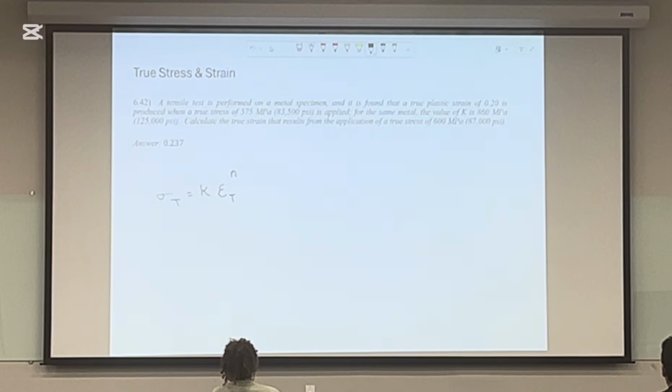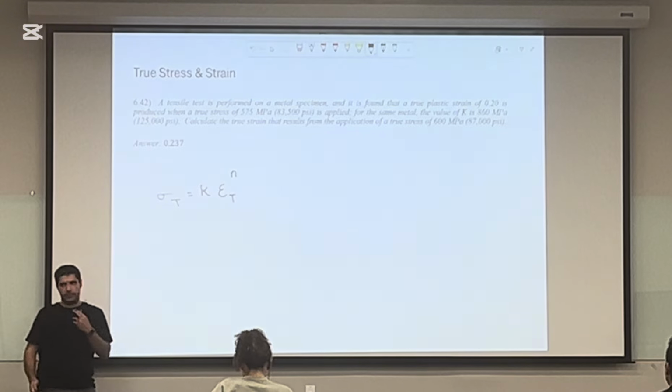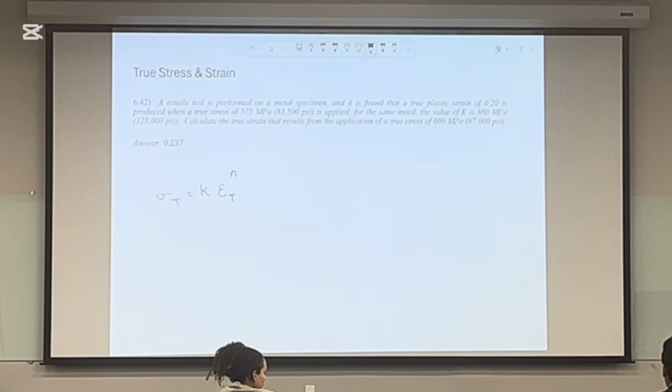So we just saw the concept, and this was the formula, right? Like Hooke's law, but for true stress and strain. In the first part, we are given the information for a tensile test.